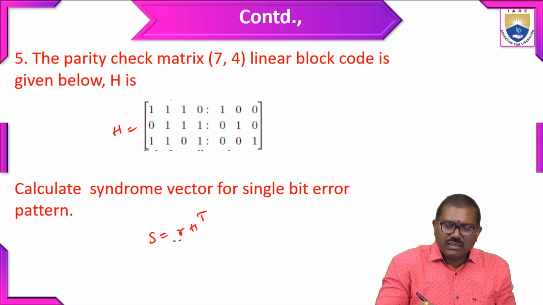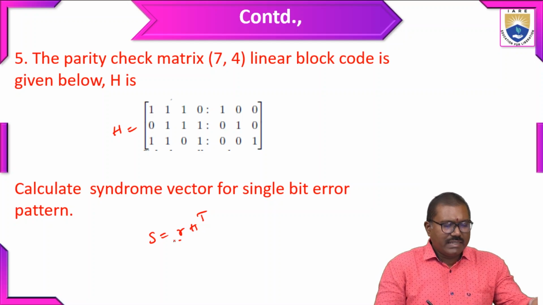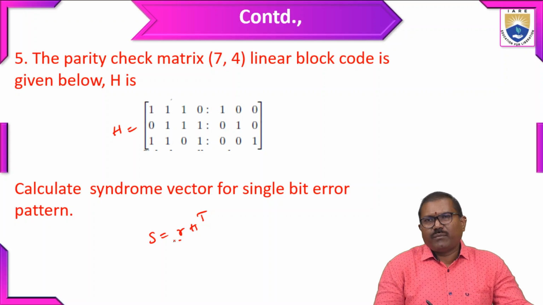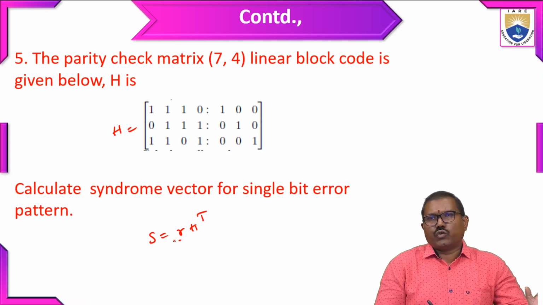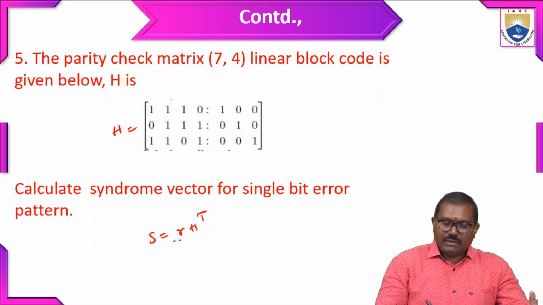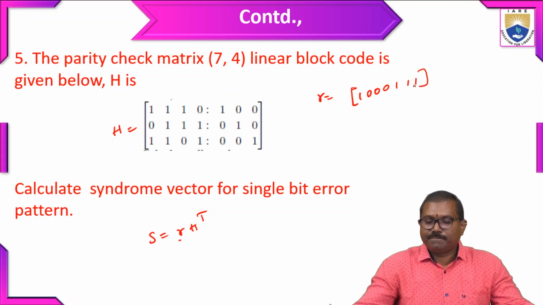So what is our received vector? I get any received signal, and from that received signal I can generate the syndrome vector. For example, my received vector is this one.